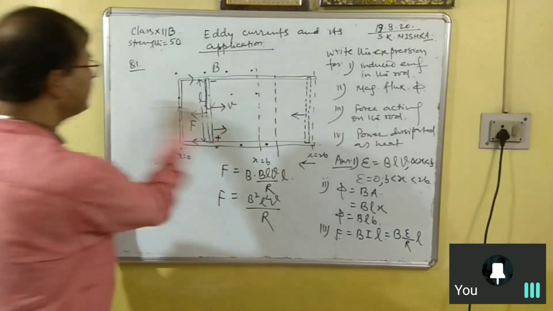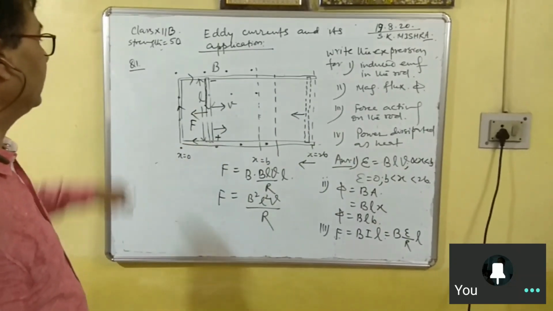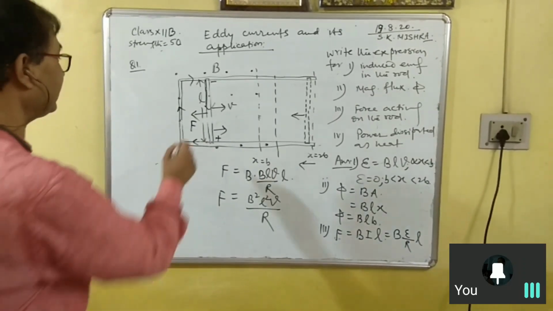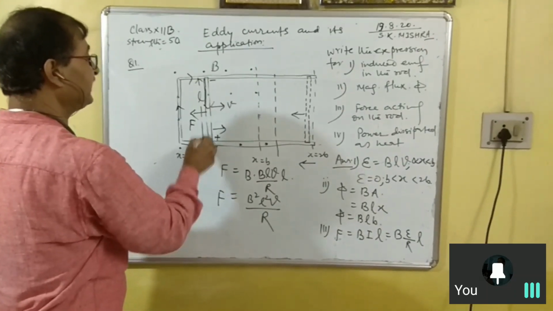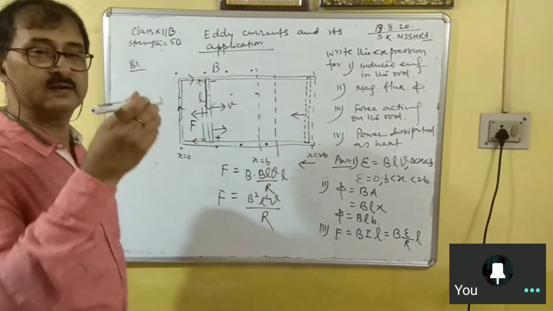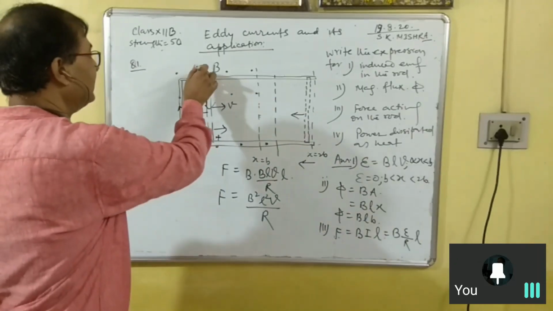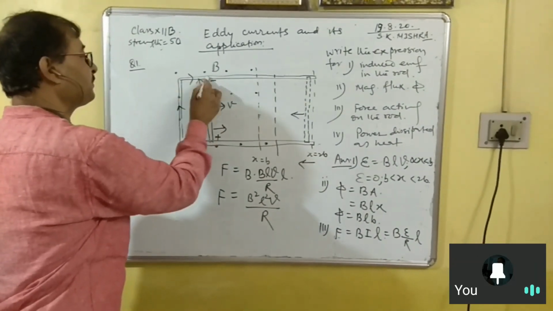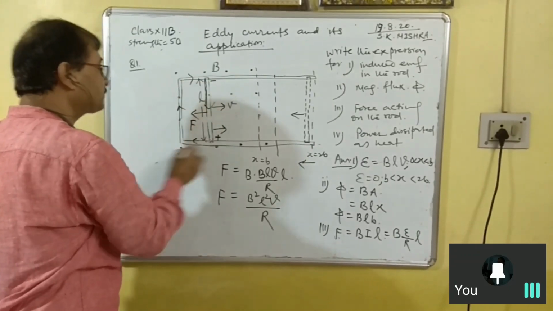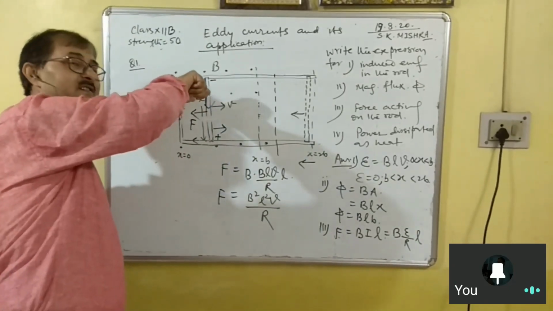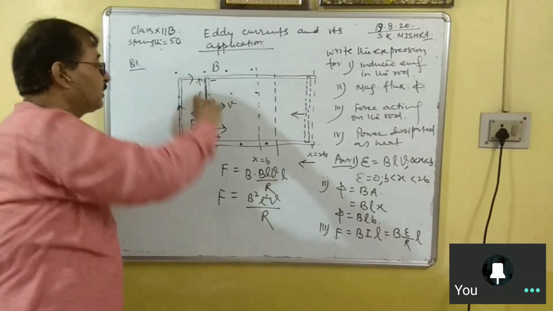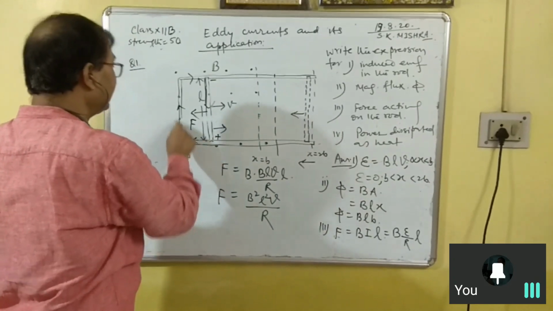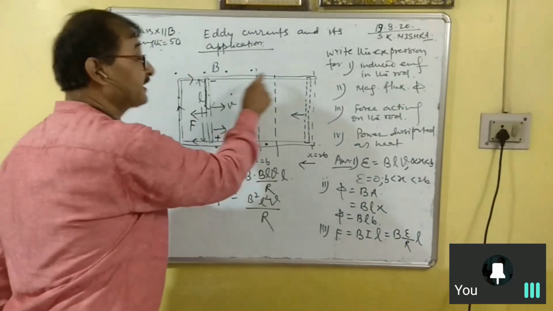What should be the direction of force? The force will be in the left direction. The current is in the clockwise direction. The external field is upward, out of the plane, so the field due to this loop should be in the downward direction. When you start pulling this rod towards the right, the magnetic flux linked with this portion keeps increasing.